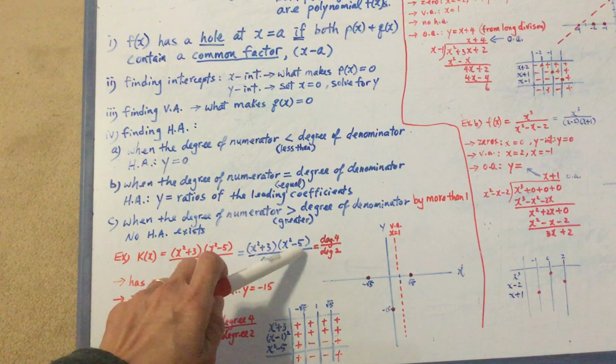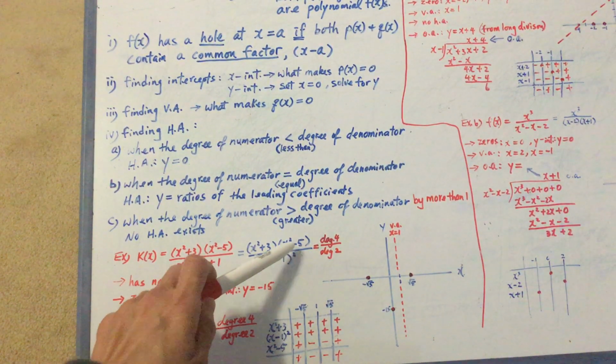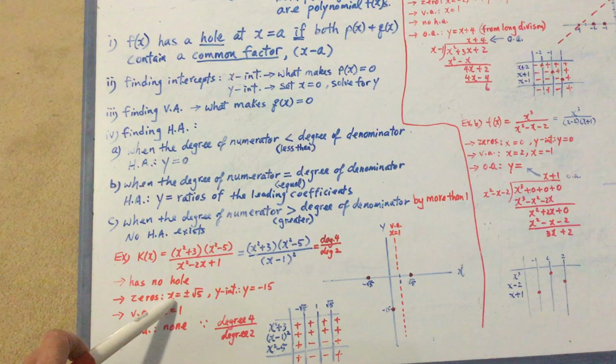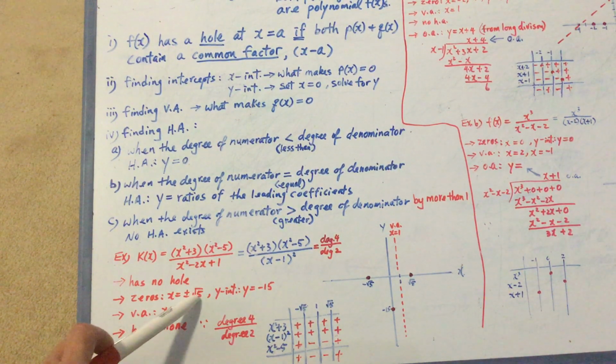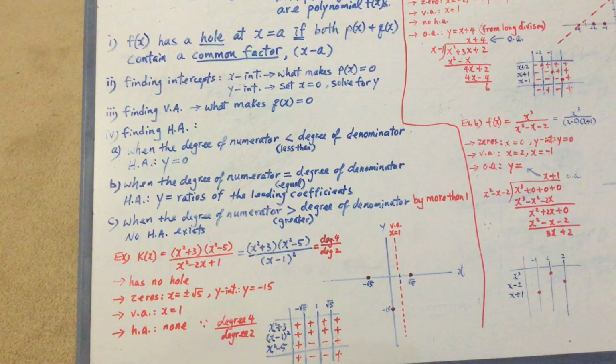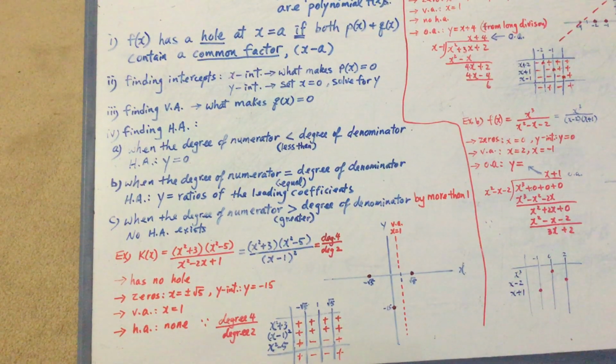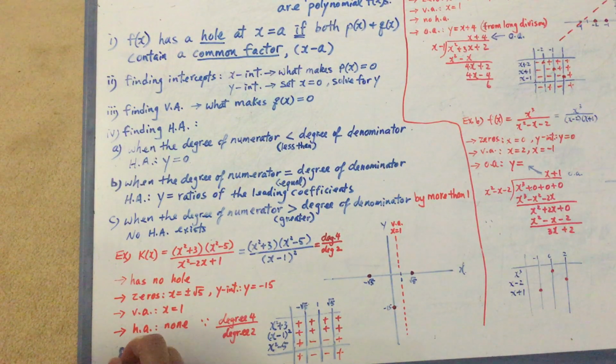But for the x squared minus 5, yes, there will be 2 zeros, and the zeros are plus and minus root 5. How do I get plus and minus root 5? It's very simple. When you take x squared minus 5, set it equal to 0, and solve for x, x is equal to plus and minus the square root of 5.